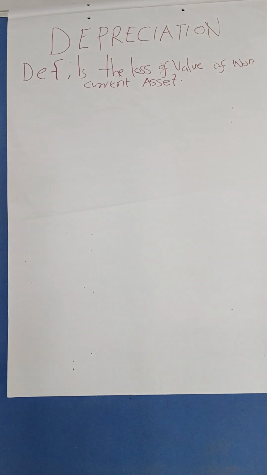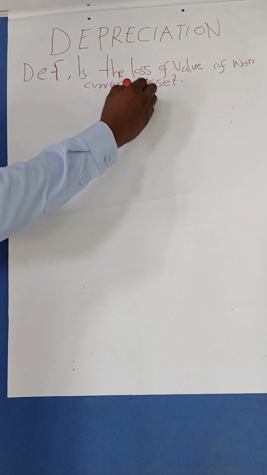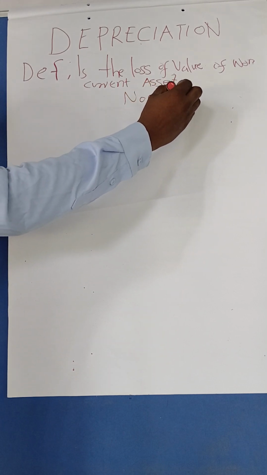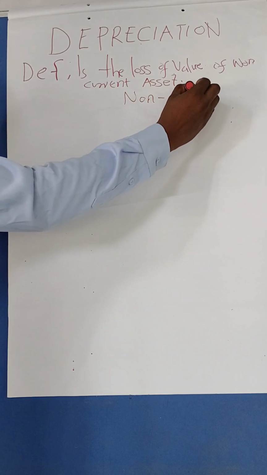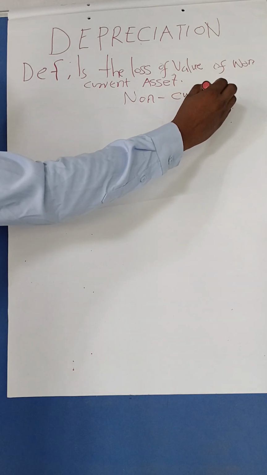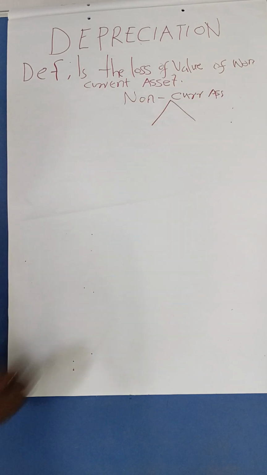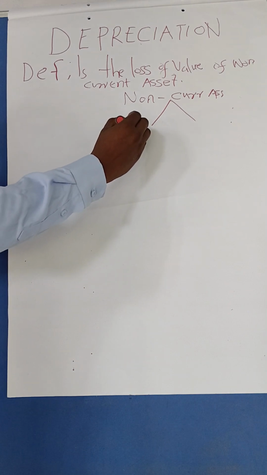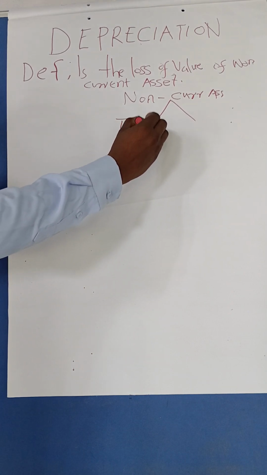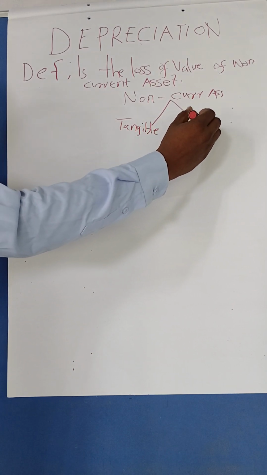Good. So the non-current assets, as we know, are categorized into two. We have the tangible and intangible non-current assets. The tangible assets, you can feel them, you can touch them.